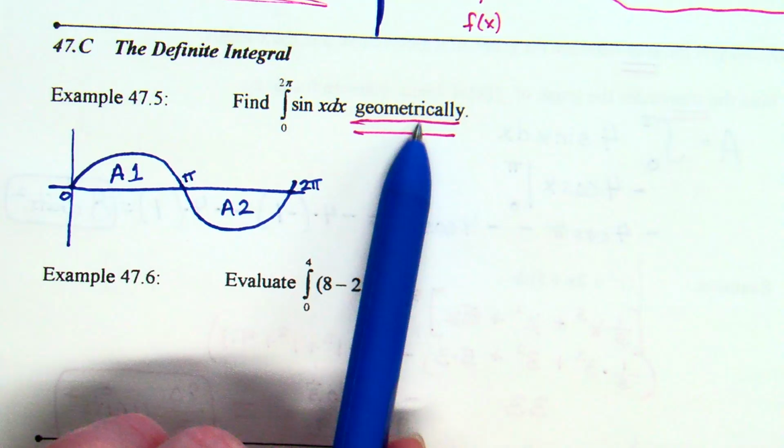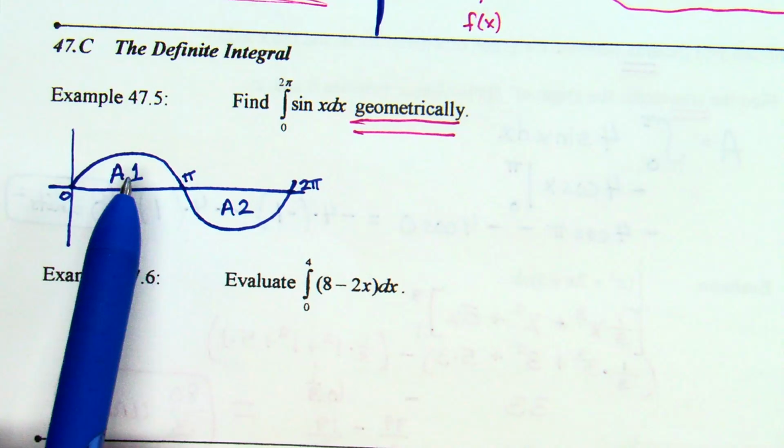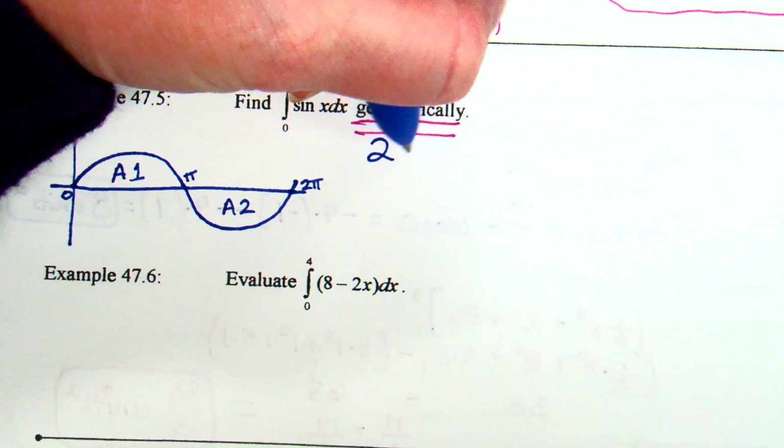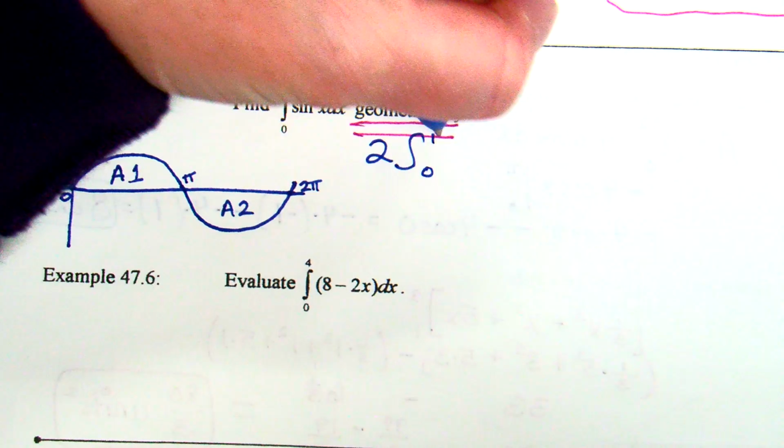So when it says find this geometrically, we want to know what that total area is. Okay, so the area 1 plus area 2. Well, if these two pieces are the same, how can I still use an integral to do this? Okay, find the first one and multiply it by 2. Meaning I can write this as 2 times the integral from what? 0 to pi of sine x dx.